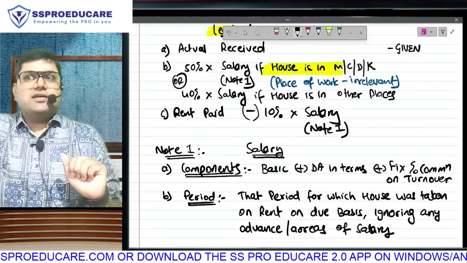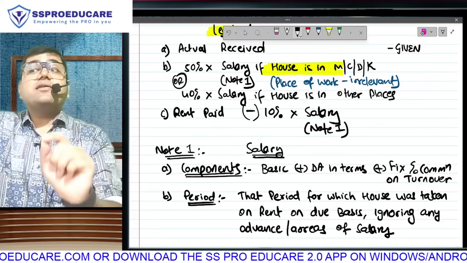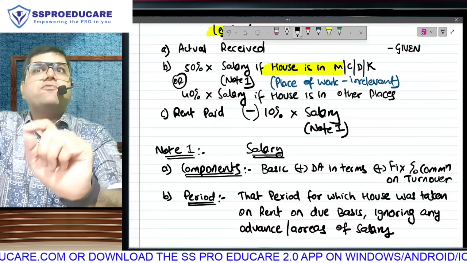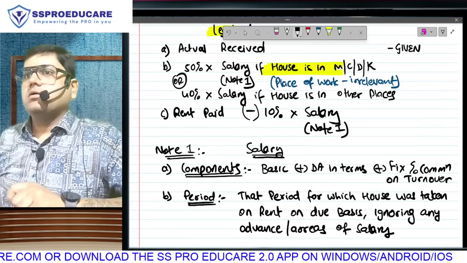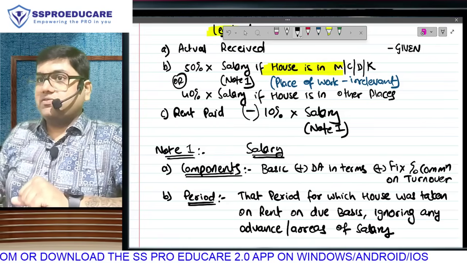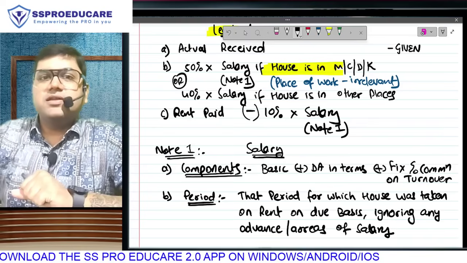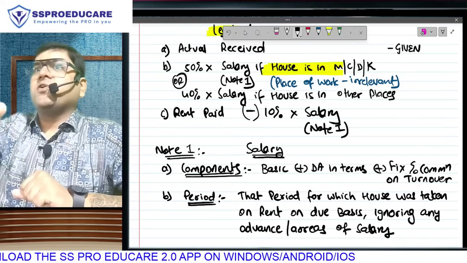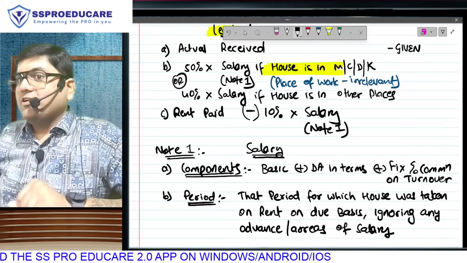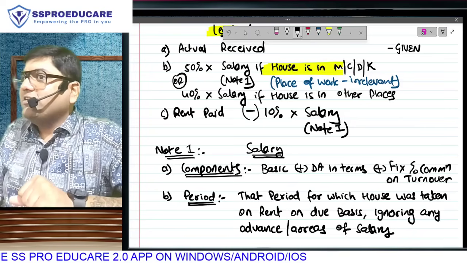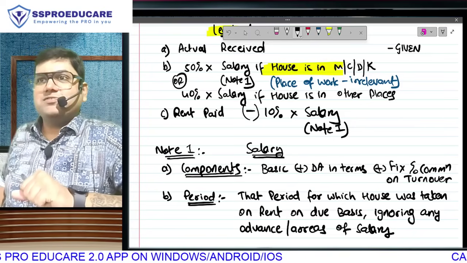This 2 lakh advance that you have received, will you take it in the current year's taxable income from salary? Answer this question. Yes, because due or received, whichever is earlier. So will it come in income from salary? Yes.